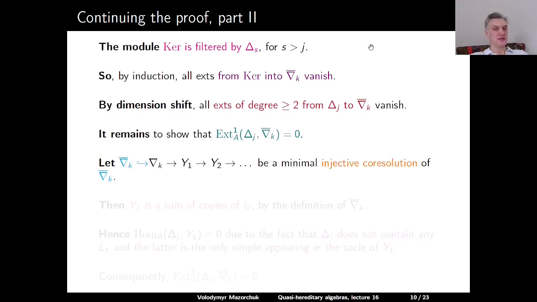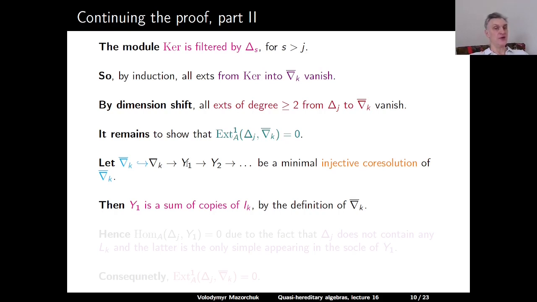And in order to do this, let us consider a minimal injective co-resolution of nabla overlined_k. So nabla overlined_k is a submodule of I_k, which is nabla_k, and the cokernel is embeddable into a direct sum of copies of I_k by the definition of nabla overlined, because it's a maximal submodule of nabla overlined_k which has only one copy of L_k.